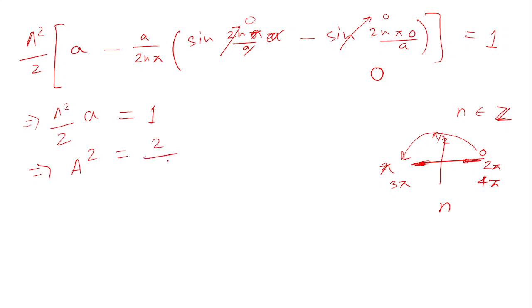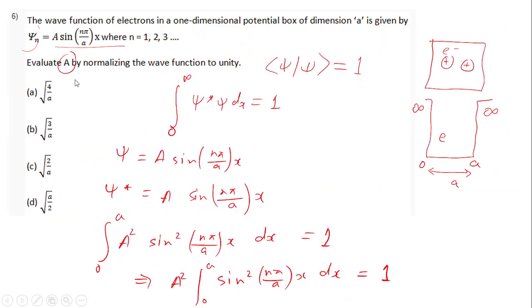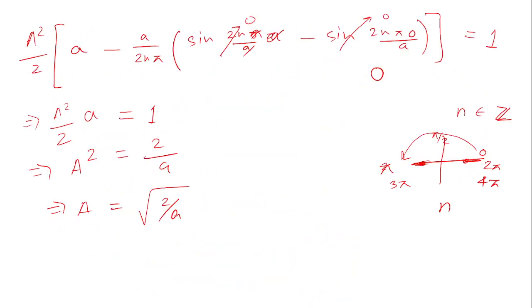So it will be 2 divided by a, and a will be under root 2 by a. So this is the value of this constant a, which is root 2 by a. So this is the correct answer, option C. And this is how we normalize and find the normalization constant.